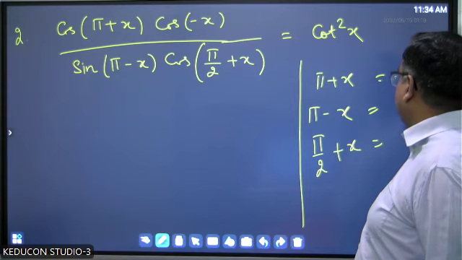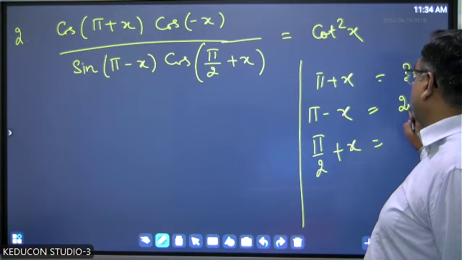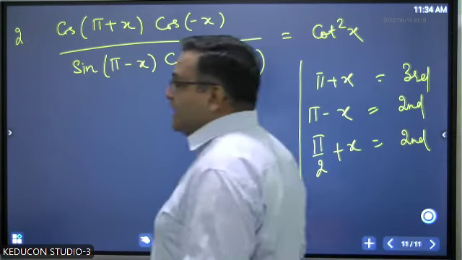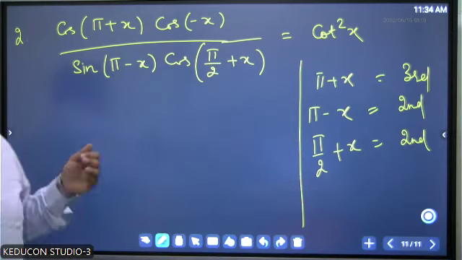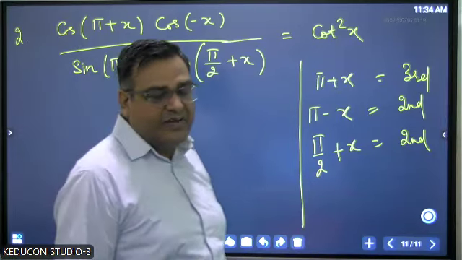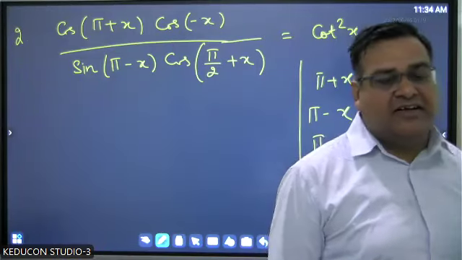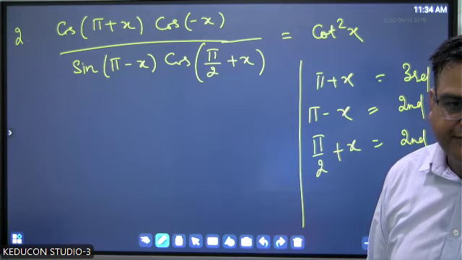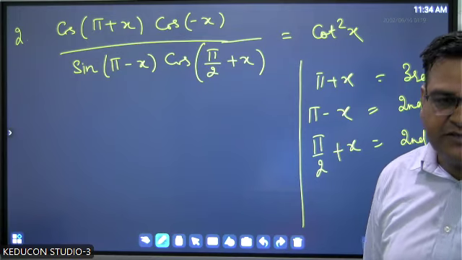So third quadrant, second quadrant, second quadrant. So now apply the basic concept. Is cos in the second quadrant positive or negative? Is cos in the third quadrant positive or negative? Just tell me, students.